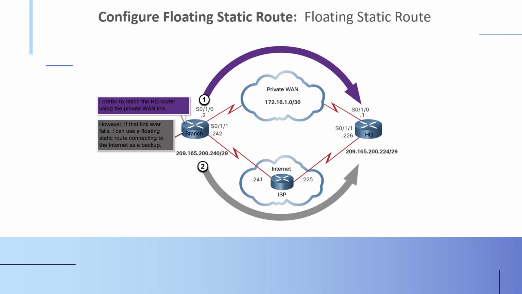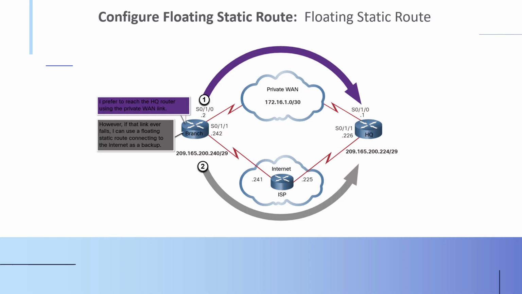The administrative distance of a static route can be increased to make the route less desirable than that of another static route or a route learned through a dynamic routing protocol. In this way, the static route floats. It's not used when the route with a better administrative distance is active. However, if the preferred route is lost, the floating static route can take over and the traffic can be sent through this alternate route.